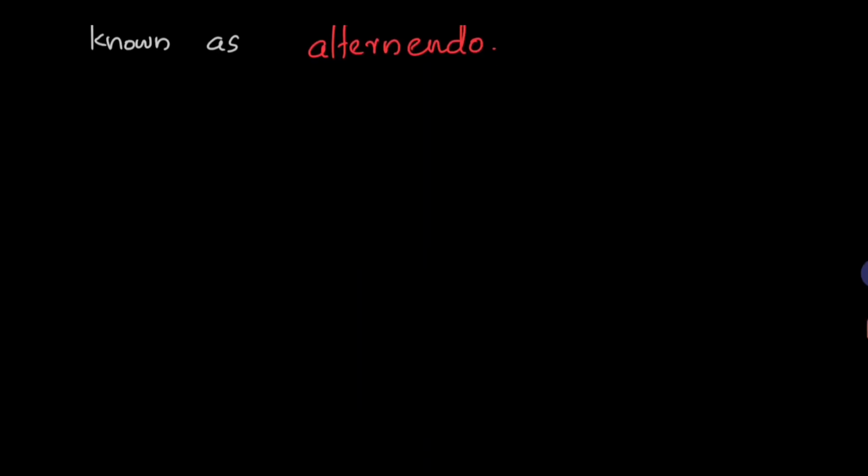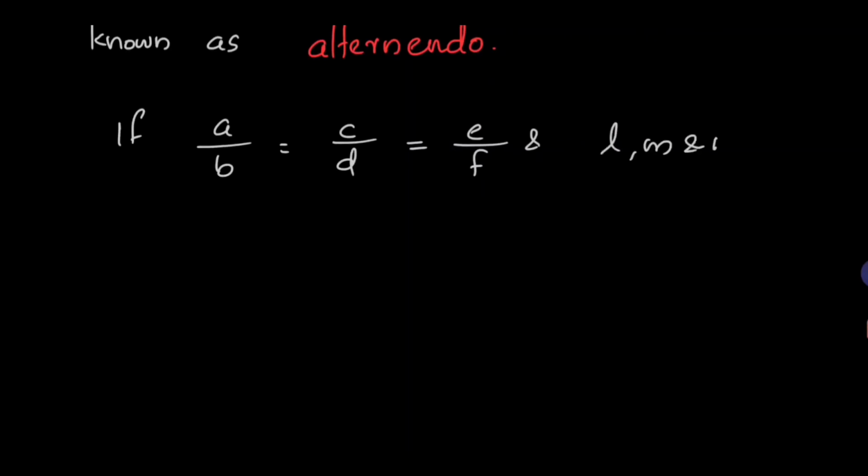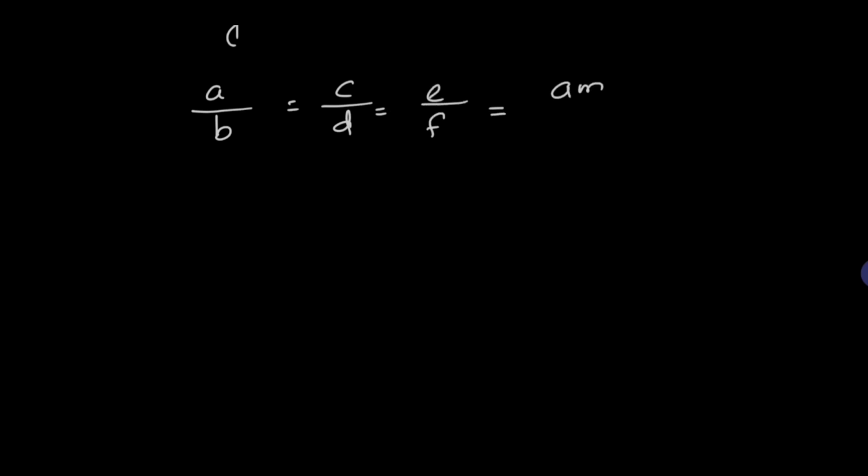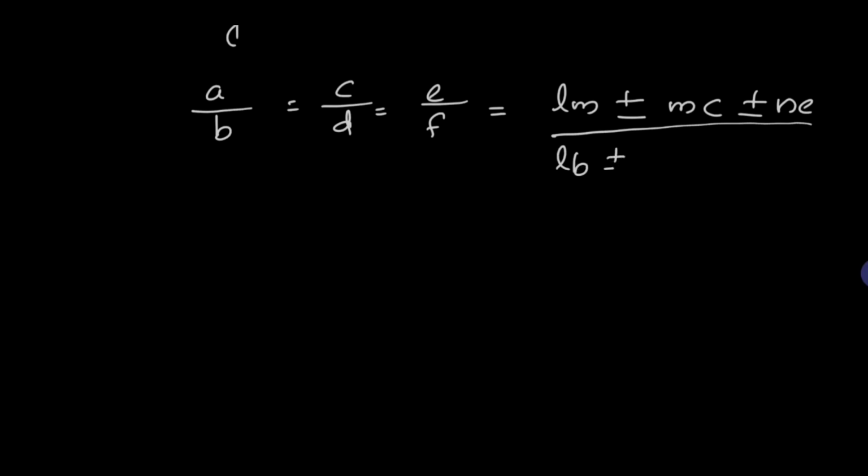Another one is, if we are comparing three ratios, that is, if A by B equals C by D equals E by F, and L, M and N are any three non-zero numbers, then A by B equals C by D equals E by F is nothing but (Lm plus or minus Mc plus or minus Ne) divided by (Lb plus or minus Md plus or minus Nf).